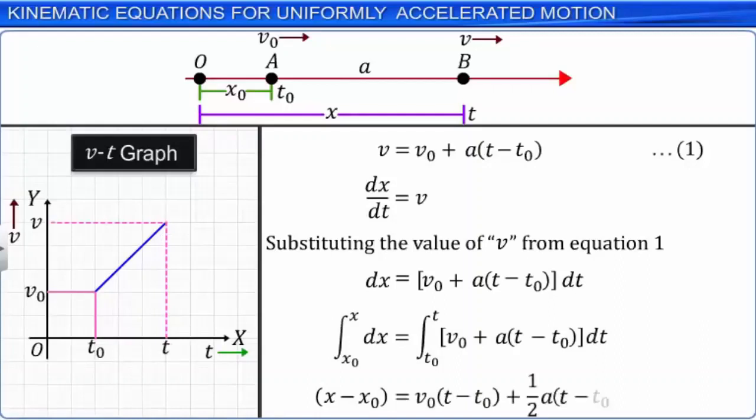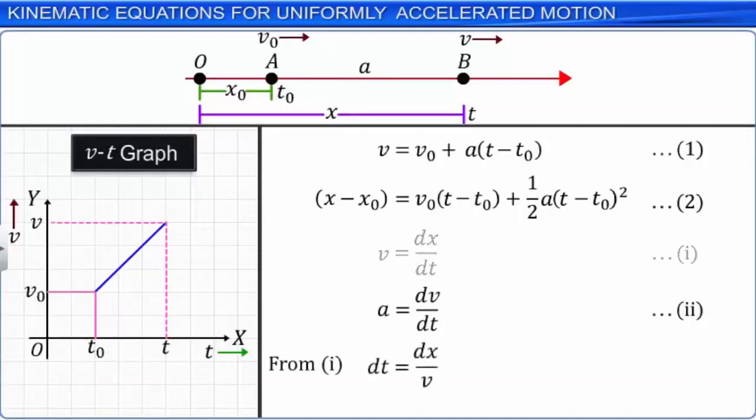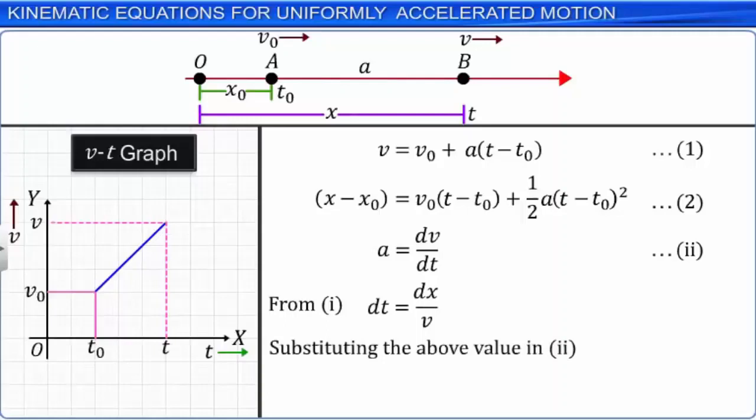v is equal to dx by dt and a is equal to dv by dt. From equation 1, dt is equal to dx by v. Substituting the value of dt, we get a equal to v into dv by dx. We know that this value of a is a constant. By cross multiplying, we get v into dv is equal to a into dx.